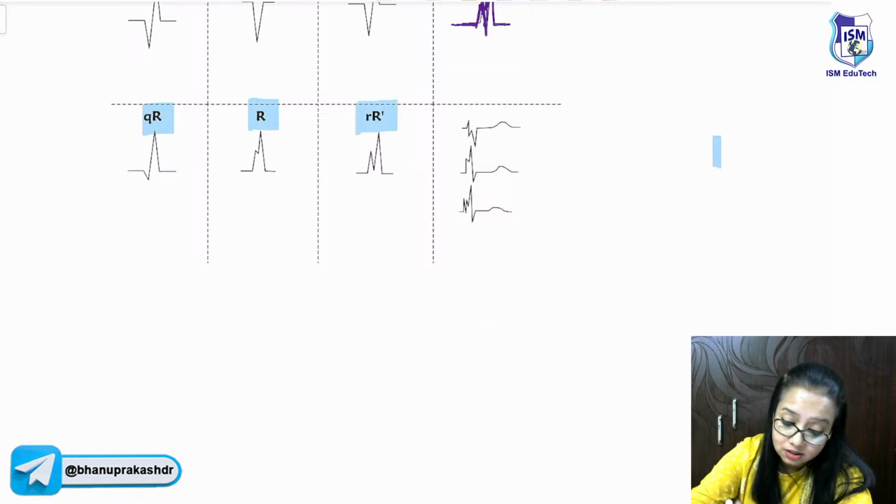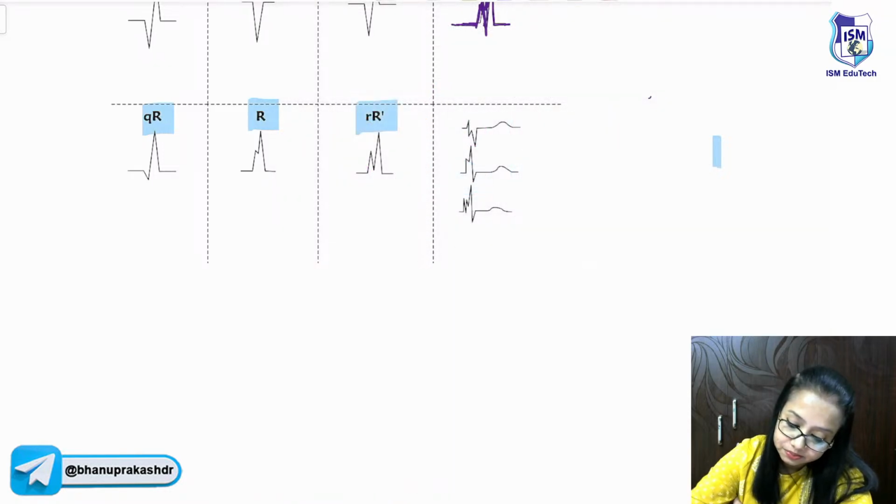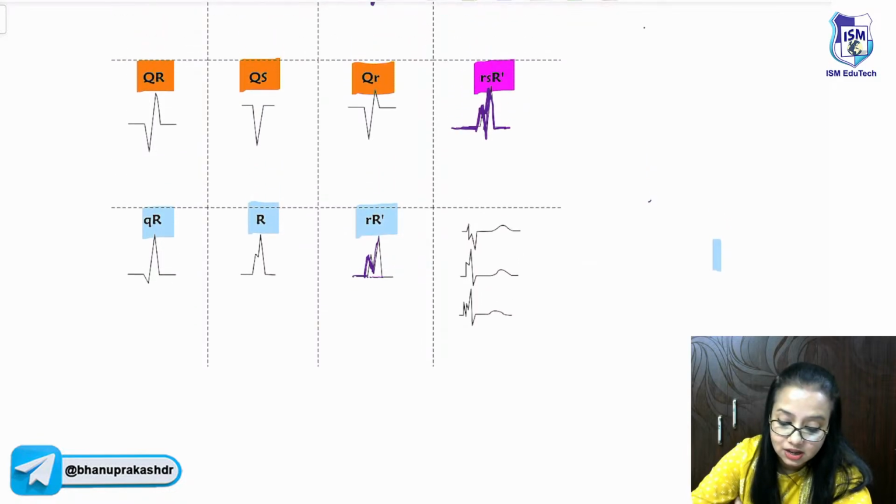Then next you have R complement. This is also a point to understand. See here, the first we have is an R wave which is positive. At the end of this R wave and the beginning of the other R wave, this point has not gone below the isoelectric line, right? It has not touched the isoelectric line and gone below, like this one.